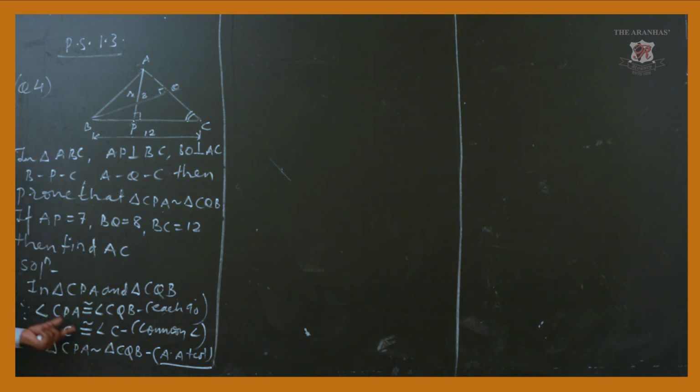Now, if you watch the values AP, BQ, BC, these are the corresponding sides of these two triangles. So when two triangles are similar, their corresponding sides are in proportion. So that topic will continue. What are the corresponding sides? Let's see now.